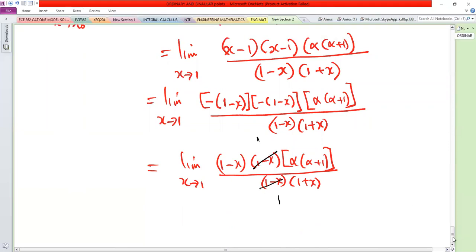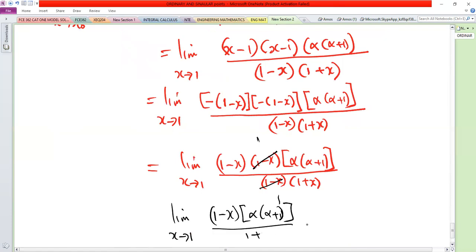so that now we have the limit as x approaches 1 of (1 minus x) times alpha times (alpha plus 1) divided by 1 plus x, and when you do direct substitution, you have (1 minus 1) times alpha times (alpha plus 1) divided by 1 plus 1, which will give us 0.